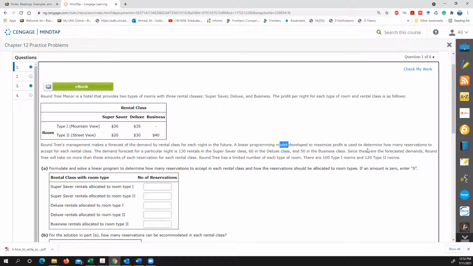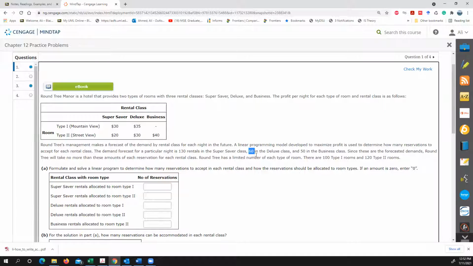They accept the reservations based on the forecast, and they know the forecasted demand for each night for the Super Saver class is 130. So the total they can go in this class is 130. The demand can be up to 130.